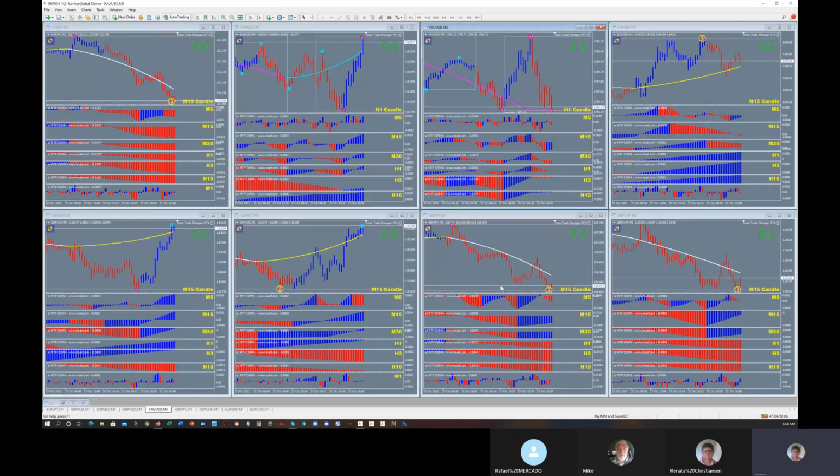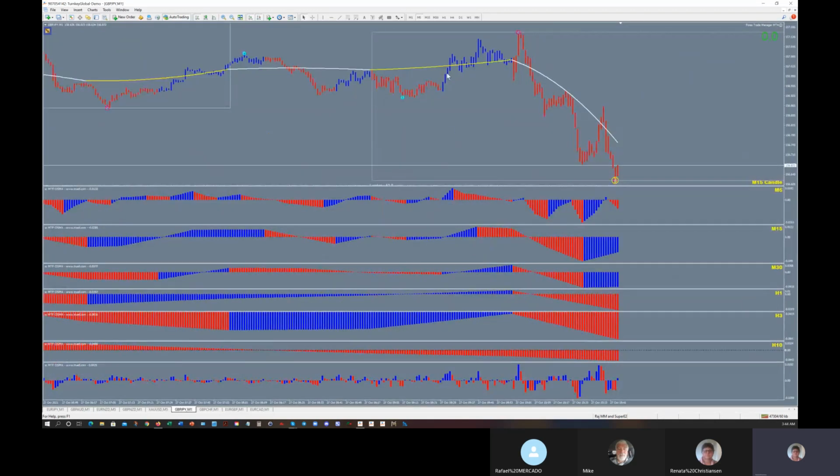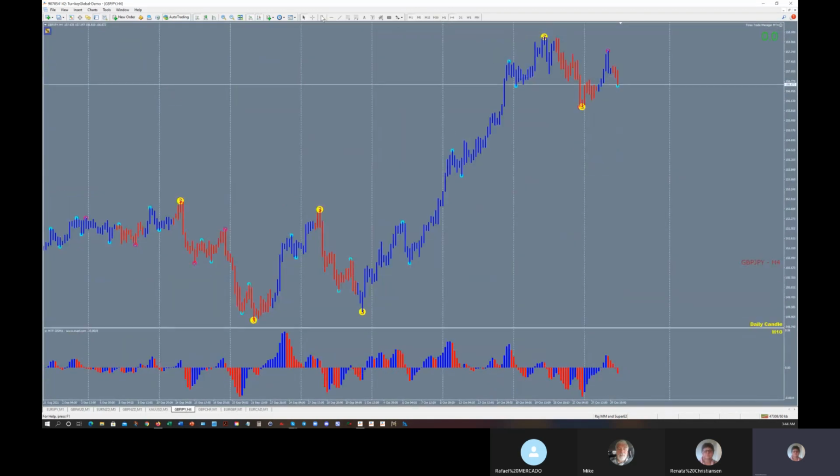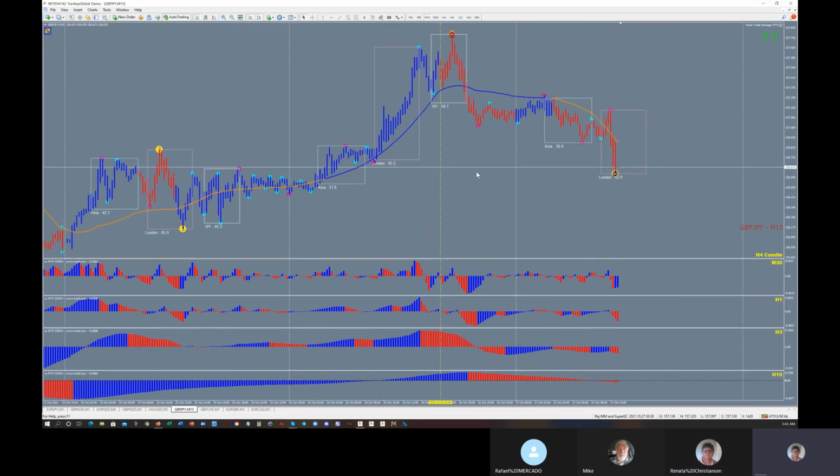Pound yen really took off to the south side. Jesus. Should have been looking for shorts. 15 minute. Yeah, so you come in here, start looking for shorts. Another 1 minute.